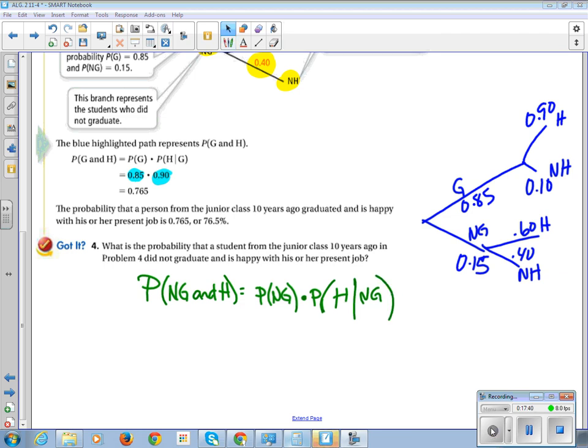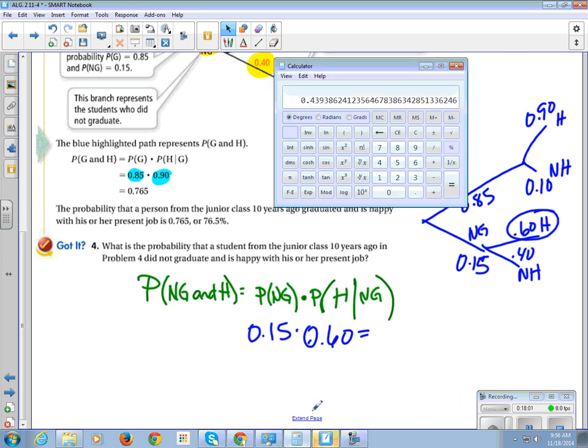So let's hunt down the probability that we did not graduate. And what's the probability that we're happy given not graduated? 0.60. Can we multiply those two probabilities together? We get 0.09.